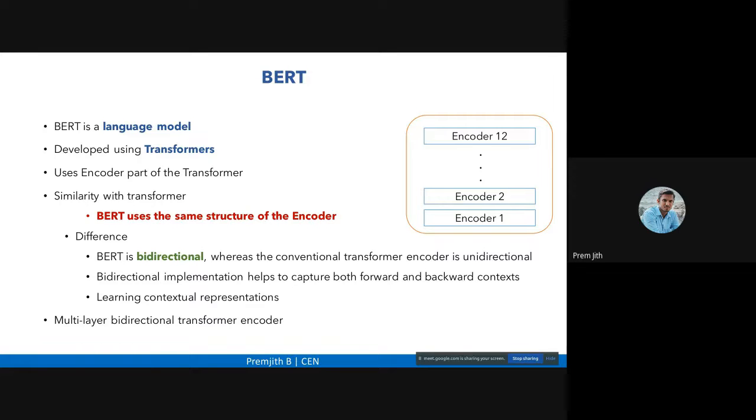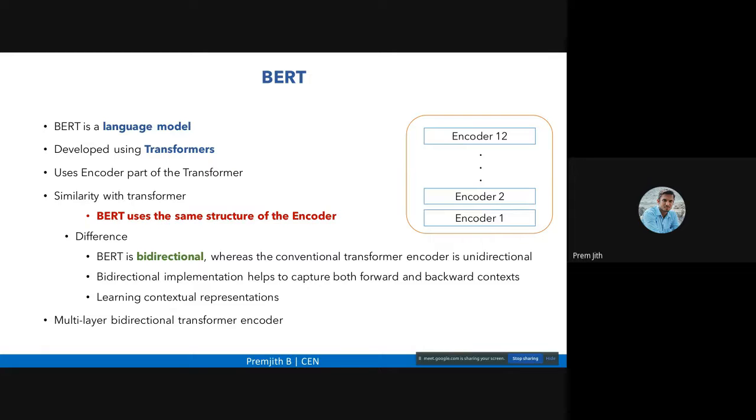The similarity between BERT and the general transformer is that BERT uses the same structure of the encoder, no difference. But the difference is that BERT is bidirectional. So why did the people who designed BERT implement it in a bidirectional version?